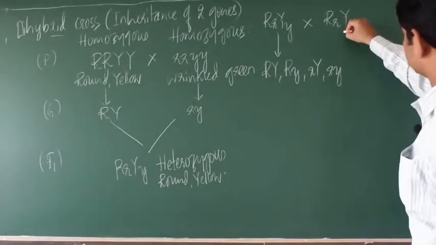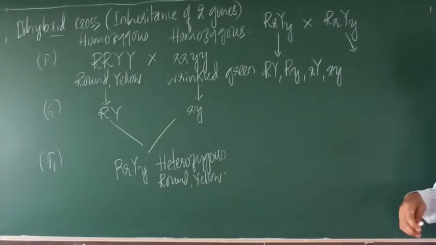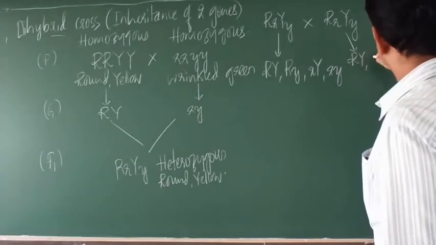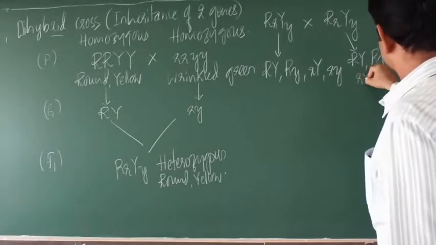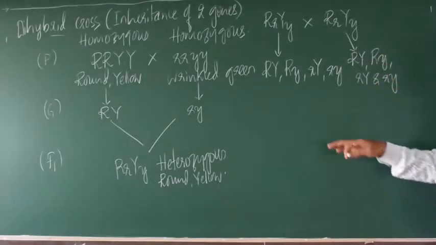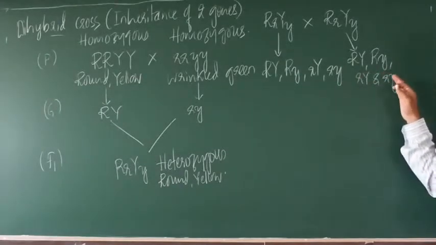Now this one also produces 4 combinations of gametes which are similar to this. So they will be these gametes. These we can consider as male gametes and these we can consider as female gametes.